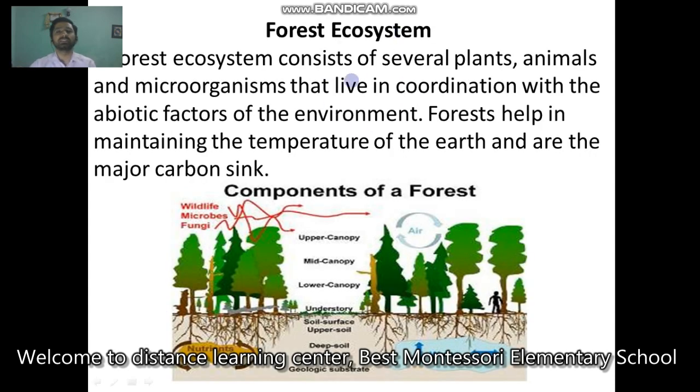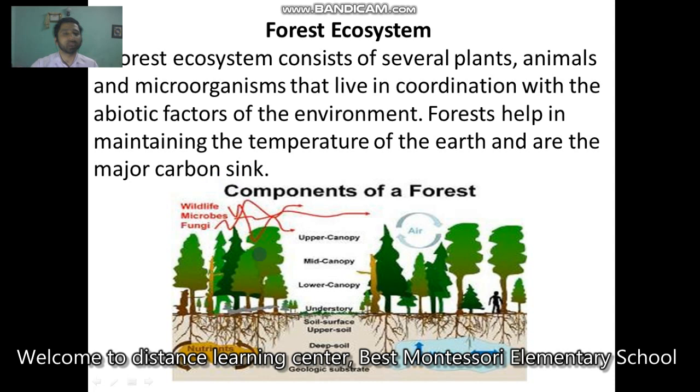Now the name itself, forest ecosystem, means that it consists of plants, animals, and microorganisms that are in the forest with the abiotic factors of that forest. And here the forests help to maintain the temperature of the earth. They are very important and are the major carbon sink, that means the major source of coal, carbon sink, that is found in our earth's crust.